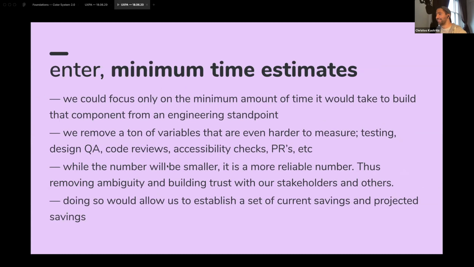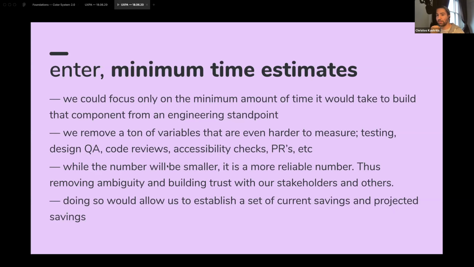We're almost done. And so since I didn't have a set of numbers of how much time we would spend making certain components, the only other option I had was minimum time estimates, right? By minimum time estimates, I mean we could only focus on the minimum amount of time it would take to build the component from an engineering standpoint. So we're removing a ton of variables here that are just way harder to measure, like design QA, code reviews, acceptability checks.